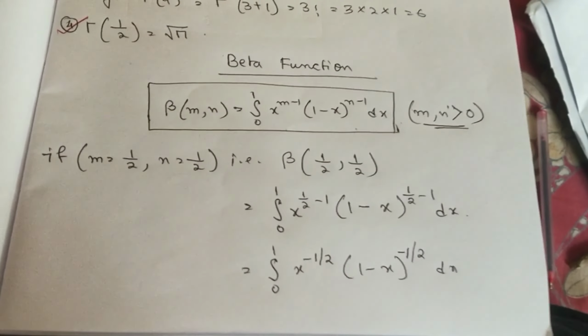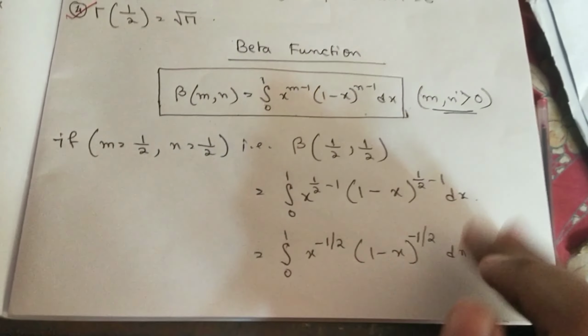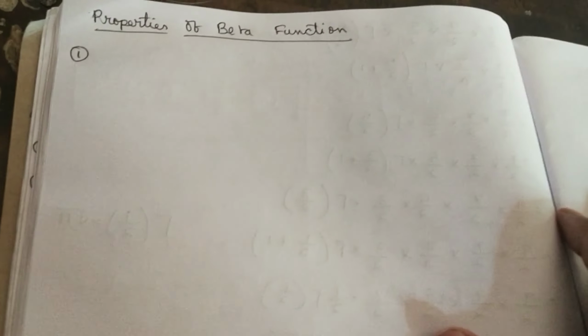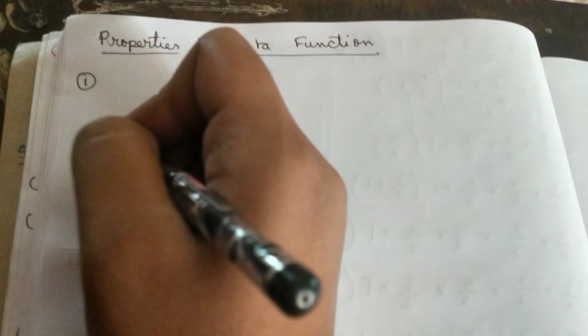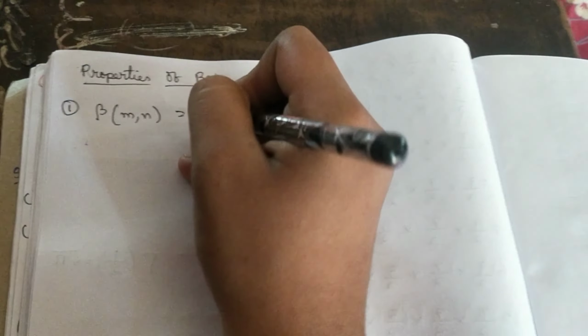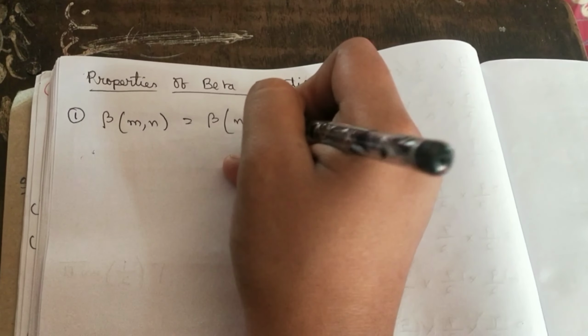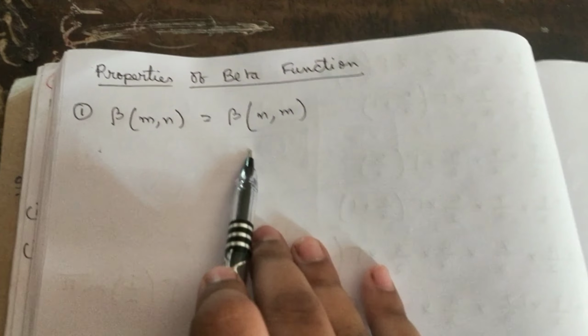Now let's talk about properties of beta function. Property number 1 tells us that beta m comma n equal to beta n comma m is always equal. Okay.